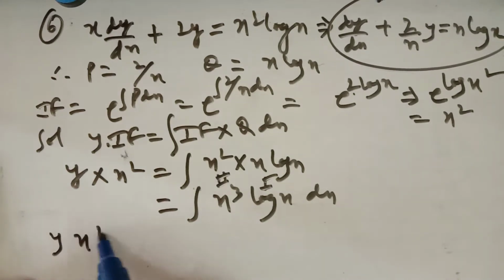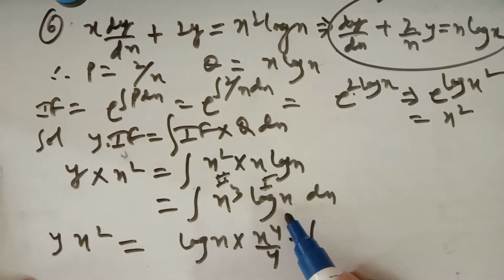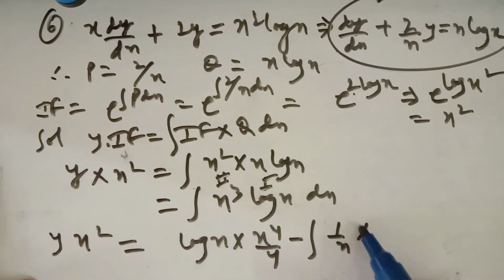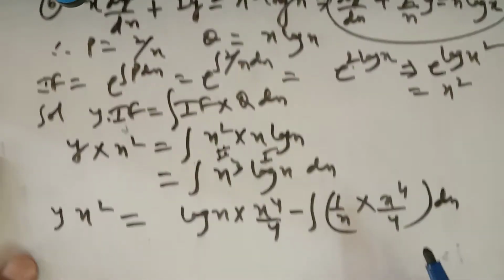So you can easily integrate it. You know that the first function stays as it is, times the integration of the second, which is x to the power 4 upon 4, minus the integral of the derivative of log x, which is 1 upon x, into the integration of the second function. This is the integration by parts.